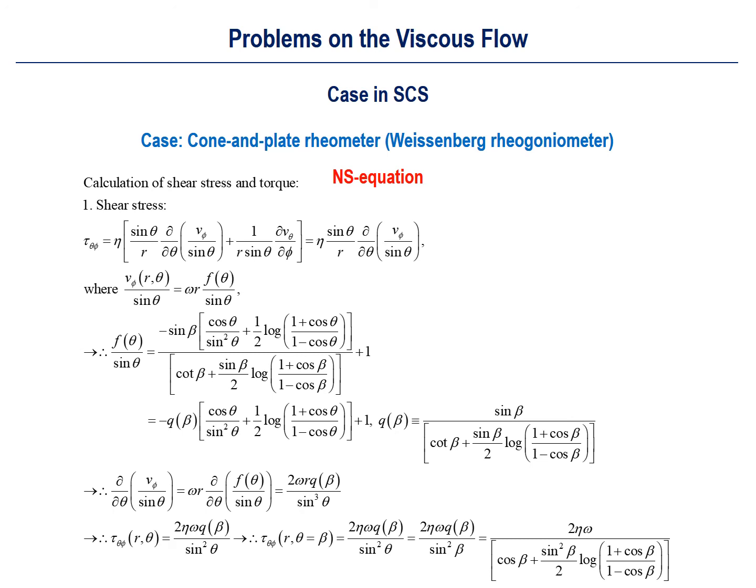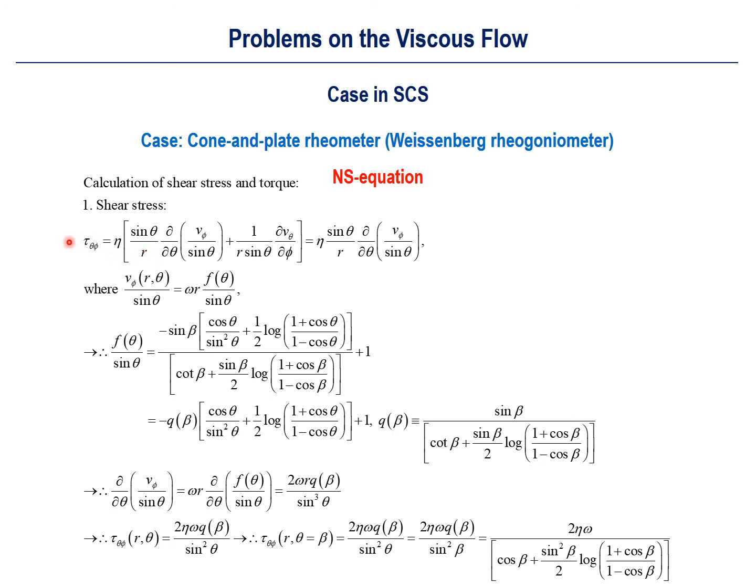Okay, so this shear stress means that the direction is the polar angle direction and the working direction is the azimuthal direction. So it means that there will be frictional dissipation given by the cone surface and the lower surface, and those shear stresses can be defined in the theta and phi direction.